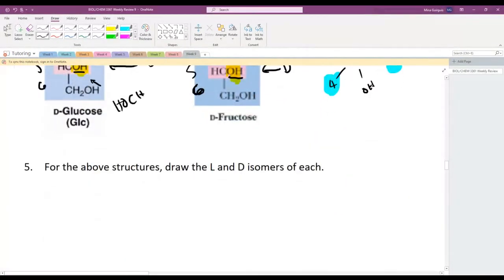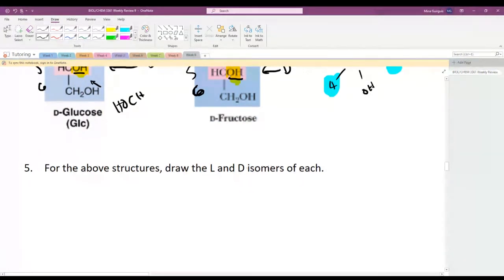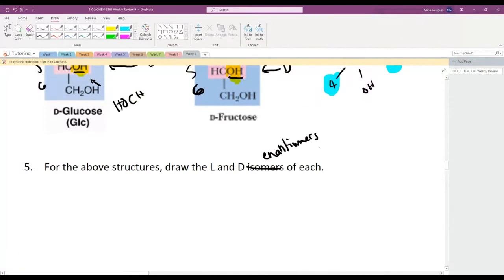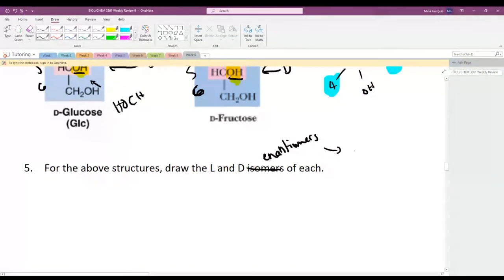When we discuss L and D isomers, they're really not just isomers, they're enantiomers. So thinking back all the way to OChem 1, an enantiomer is a non-superimposable mirror image.